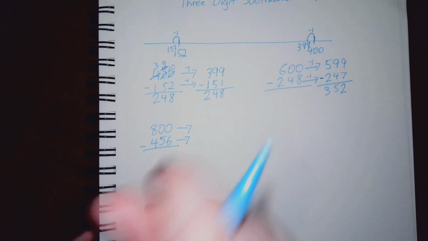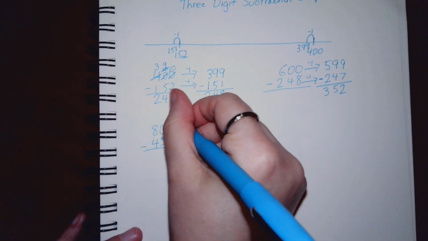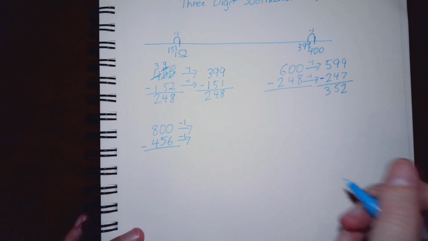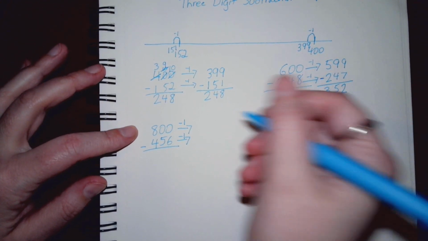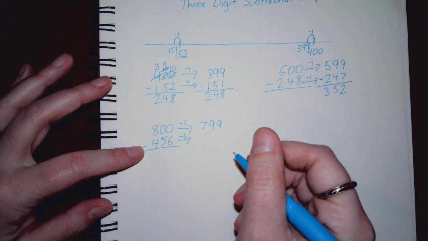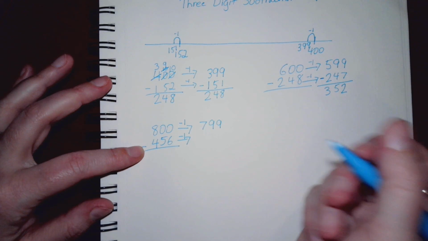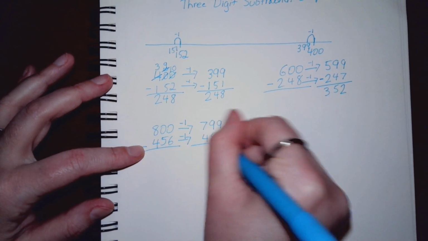Okay, so if you paused the video and you're coming back to check, you had to take one away from each. So 800 minus 1 gives you 799. 456 minus 1 gives you 455.